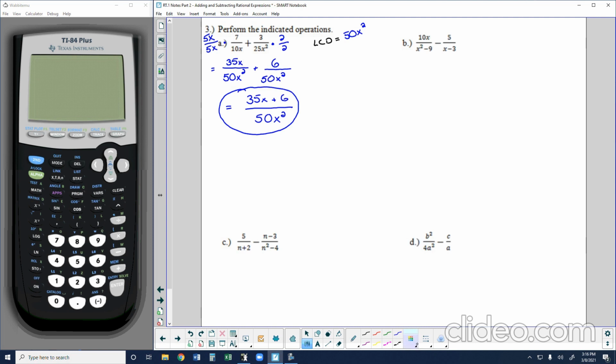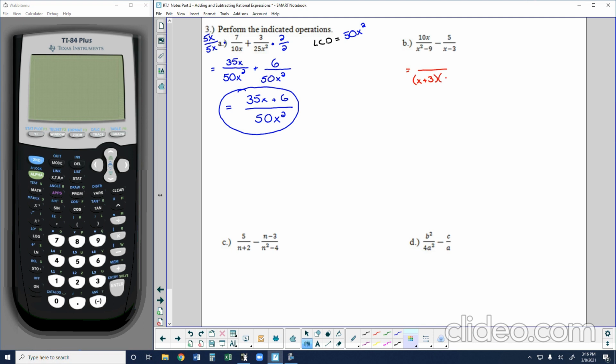Now, in some cases, we're going to want to simplify the fractions before trying to find the LCD. In the case of 3b, what I see is a denominator of x squared minus 9, and x minus 3 is my other denominator. Some of you may be able to look at these fractions and figure out what the LCD is quite quickly.